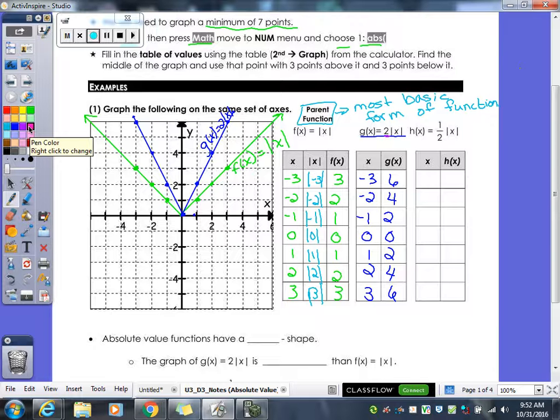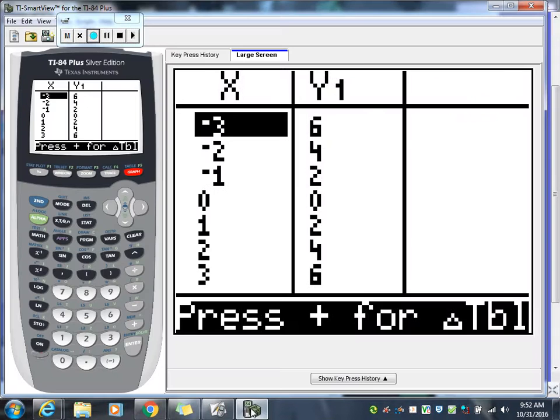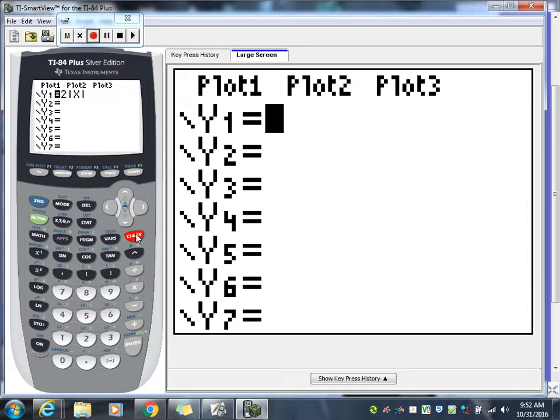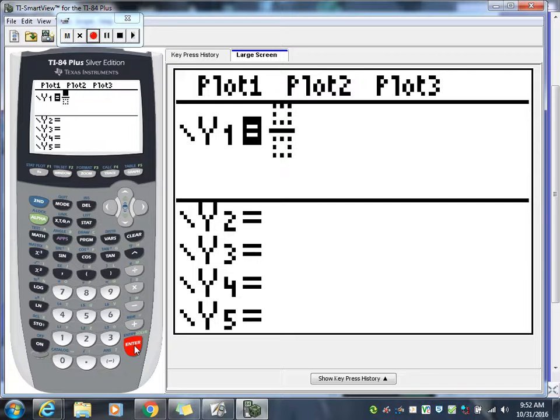Do we have any predictions as to what will happen when I multiply it times 1/2? It's going to get wider. So let's take a look. Go to our y equals. We'll get our fraction in there, 1/2.